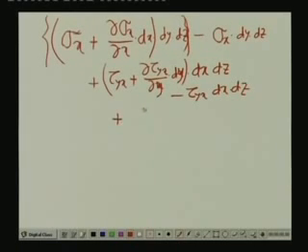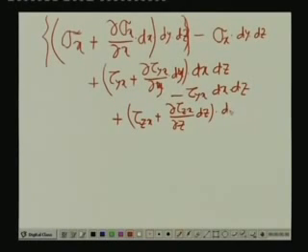Plus we have the term on the z plane acting in the x direction, which is tau z x plus del tau z x del z over dz, multiplied with the area dx and dy, minus tau z x times dx dy.